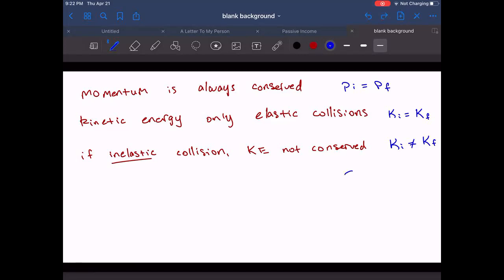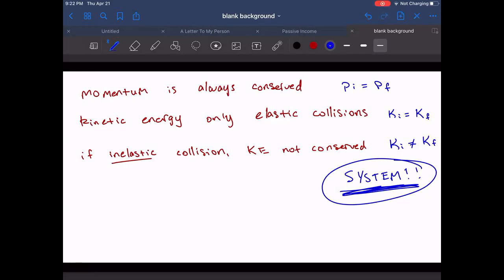And then you have to write this down: system, exclamation, underline. It doesn't mean anything if you don't remember this part. Okay. Good.